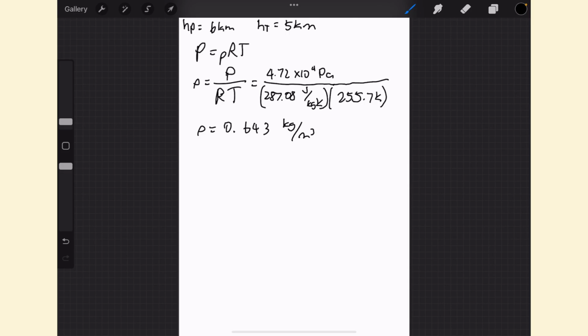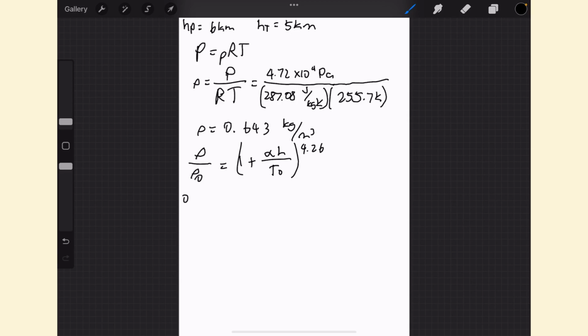Kaya gamitin na natin siya, ay mapaplat na natin siya sa working equation natin for gradient region na density over density sub 0 is equal to 1 plus lapse rate altitude over T sub O, raised to 4.26. Okay? So, ayan yung working equation natin for density, at ipaplat lang natin ang ating mga given. So, basic substitution lang ulit.